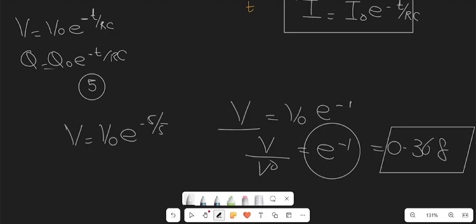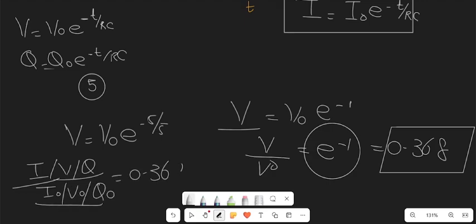If you convert that into a percentage, you get 36.8%. So essentially 0.368 is the ratio of I or V or Q over I naught or V naught or Q naught, whatever you want to say. That is how you get this.